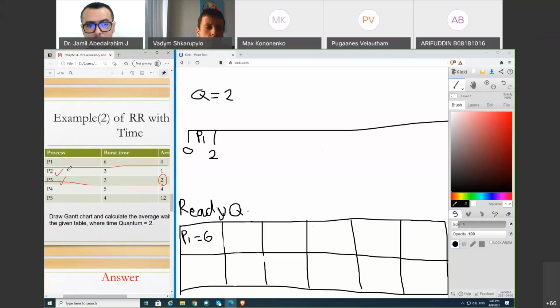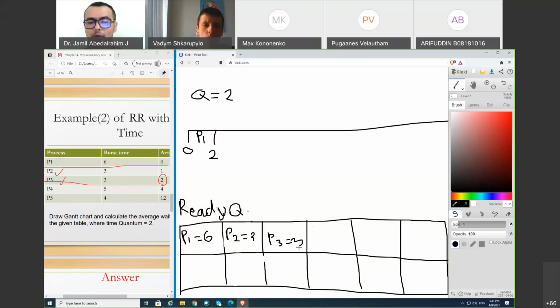So we write in the ready queue table P2 equal 3 and P3 equal 3.